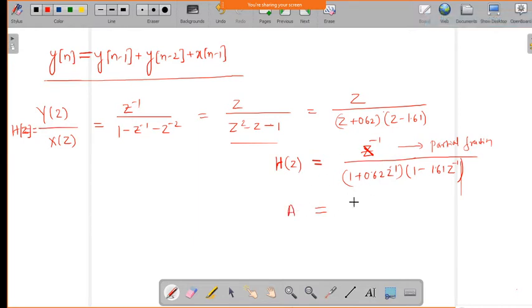b are. So a will be given by (1 plus 0.62 z inverse) into H of z, evaluated at z equal to minus 0.62, and similarly the b value is given by (1 minus 1.61 z inverse) into H of z, evaluated at z equal to 1.61.